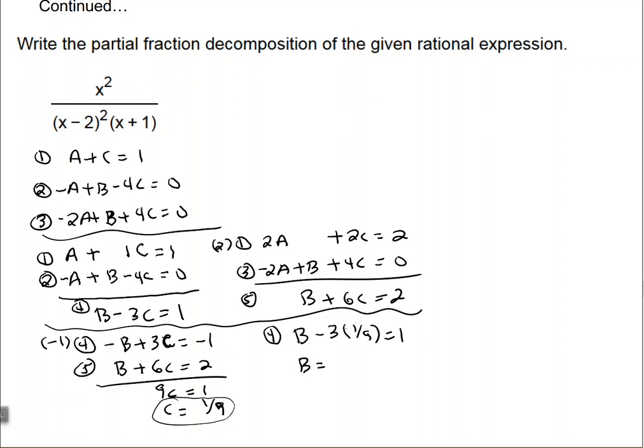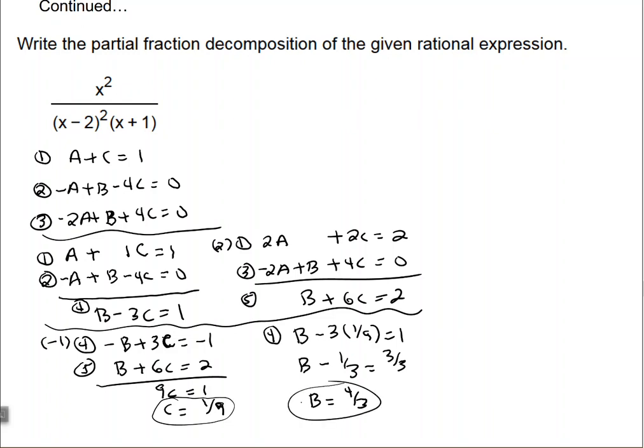Negative 3 times 1/9, 3 and a 9 would simplify, so that gives me minus 1/3. And I'll go ahead and change this 1 into thirds as well, which would be 3/3. Add 1/3 to both sides. So B is equal to 4/3.